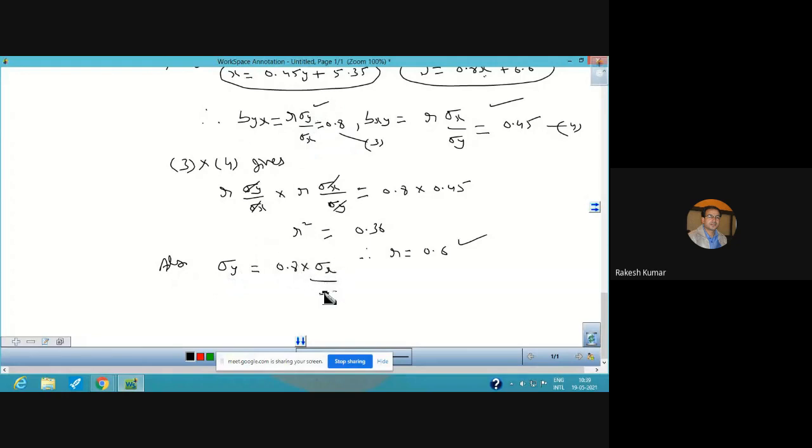We know the value of sigma x, that is 3 upon 0.6, and that comes out to be 4. You can easily calculate. So this is the value of the standard deviation of the y variable. In this way, we will be able to find the values of the required parameters.